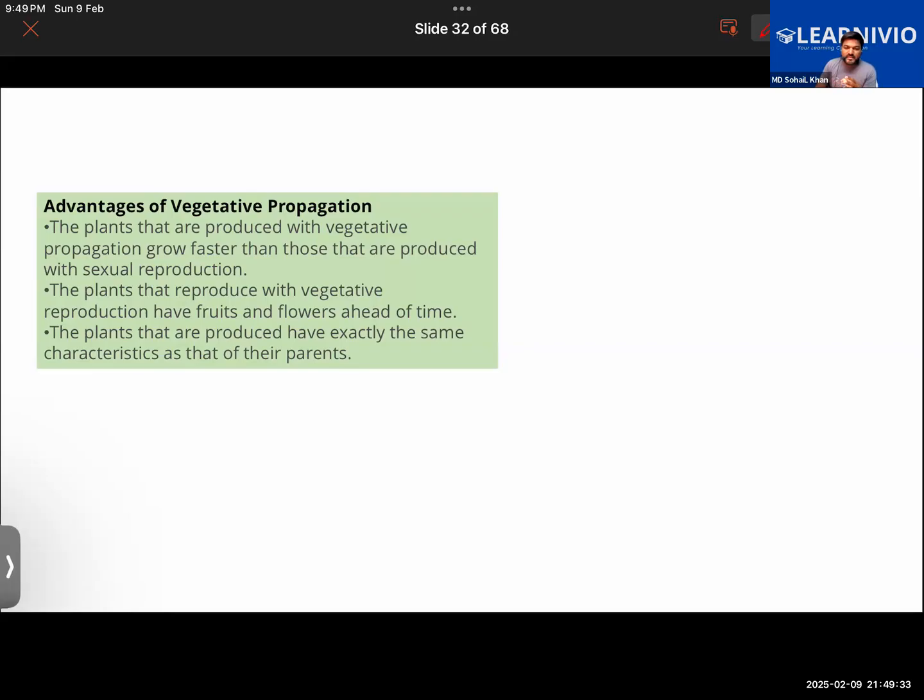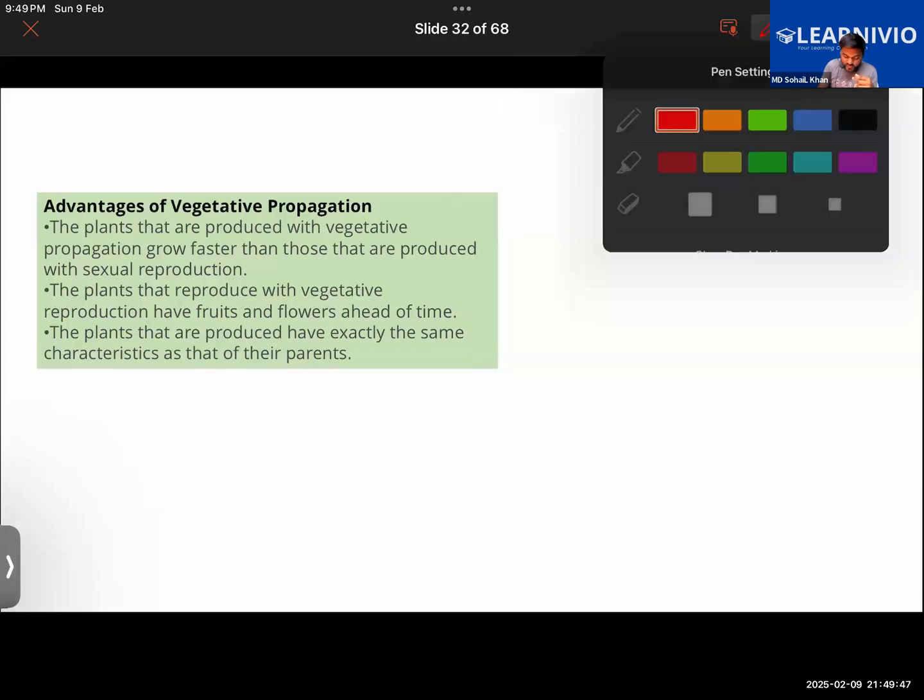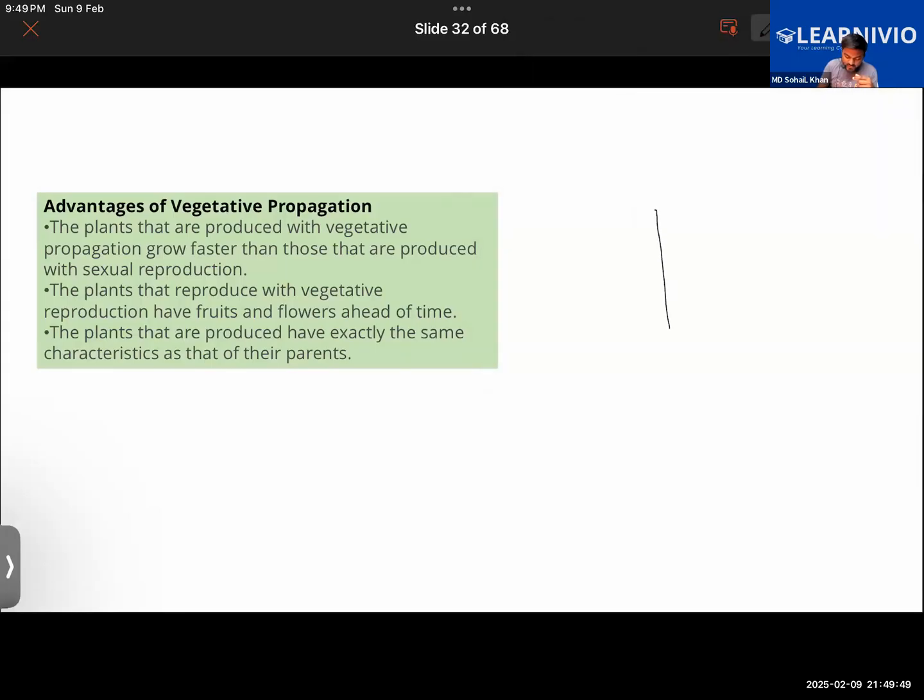But in the case of vegetative propagation, they can reproduce and have fruits and flowers ahead of time. Suppose there is a plant that has been grown by the sexual method of reproduction, and another plant that has been grown by the vegetative propagation method.